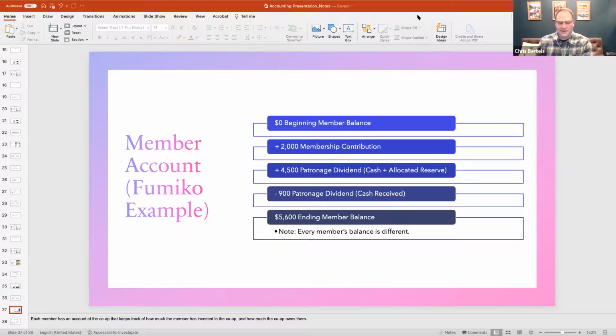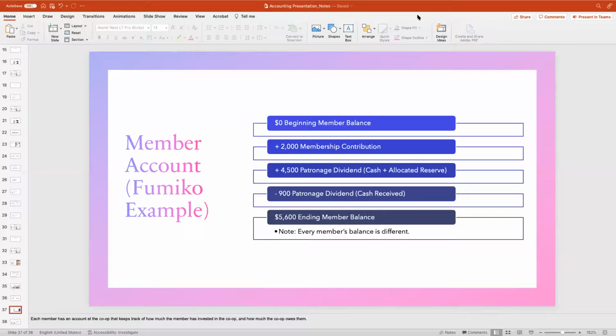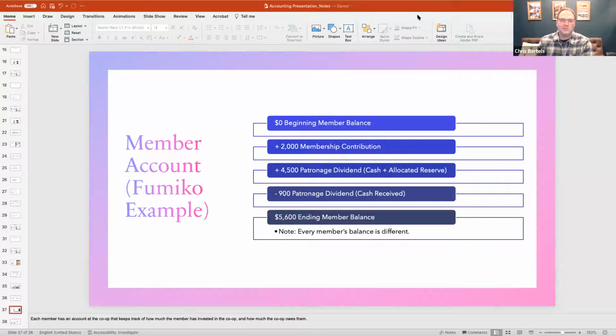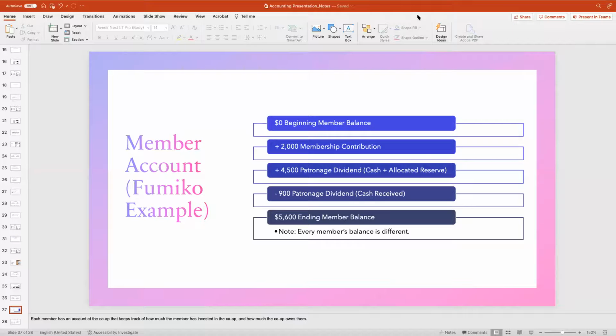Yeah, going back to the B&O, any co-op is going to have to pay that. So the fact that you have a consumer versus worker co-op doesn't really matter. Unfortunately, that goes for unemployment insurance, the 940.